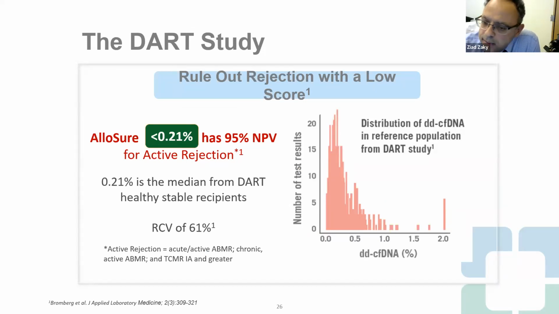And we found that if AlloSure is less than 0.2%, you have a 95% negative predictive value to rule out rejection. So it's a very good rule-out test for monitoring and surveillance. I will get to the RCV of 61% in the next slide.